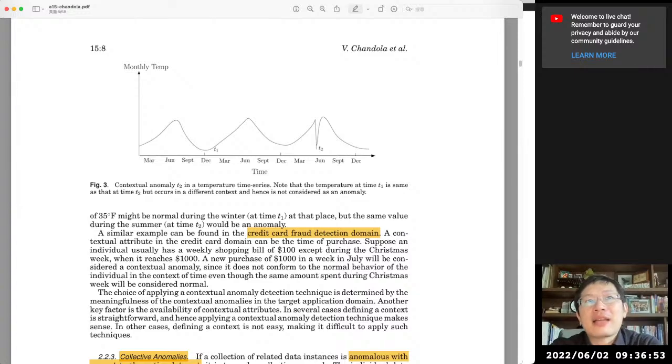So that is the context. The context is that the current data point is June, so it should not be as low as you see in the figure.